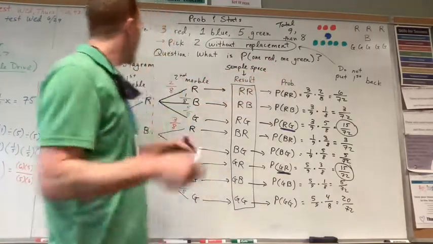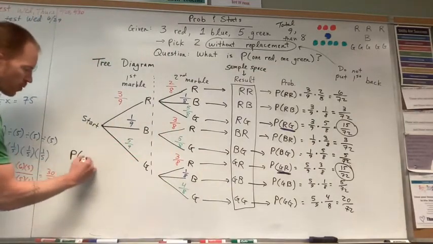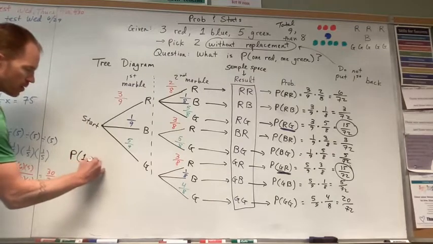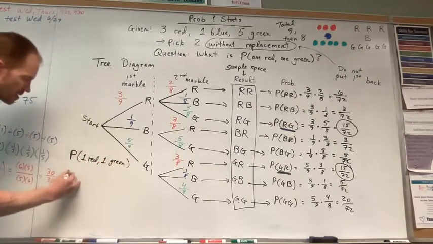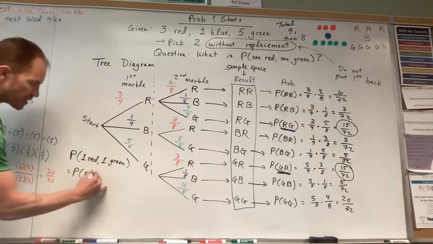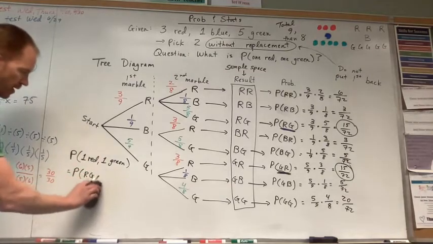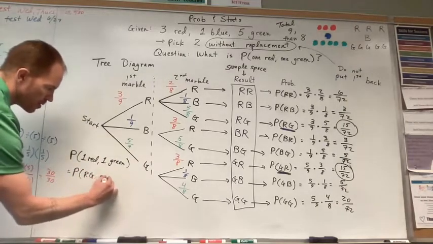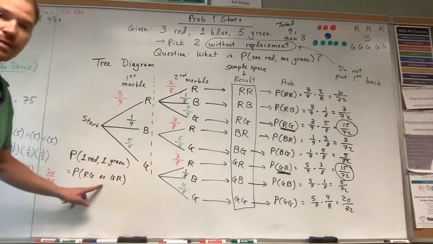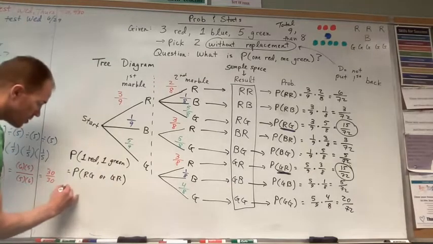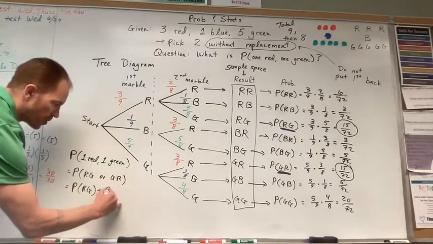So now we can write this here: probability for 1 red and 1 green, I can say that's the probability of red first, green second, or green first, red second. And you might remember this or tells us to add. So the probability of red, green plus the probability of green, red.